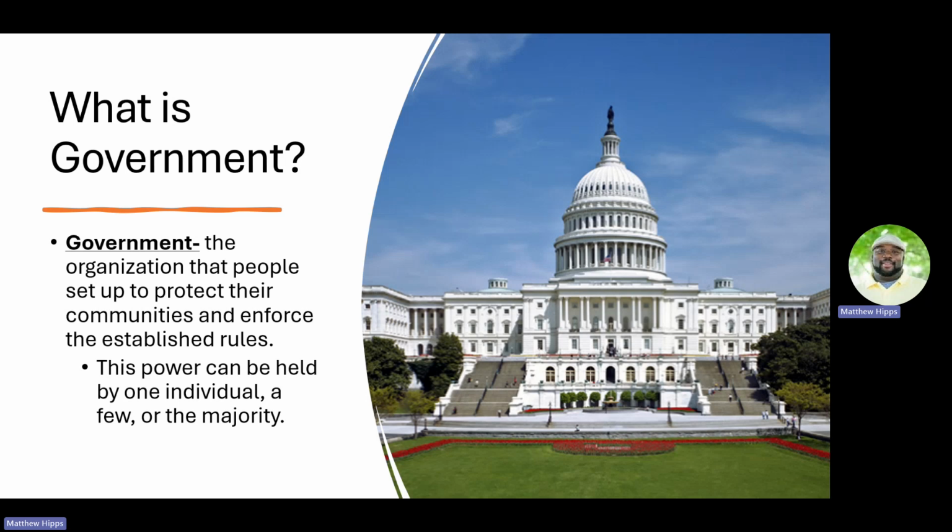And we need to make sure that if the community were to get into some emergency situation, something were to catch on fire, how do we put it out? Well, we create emergency services and we create firemen and we create policemen and we create hospitals so that we can take care of people when they're sick. Government is all about how we set up structures to help us run our societies effectively.